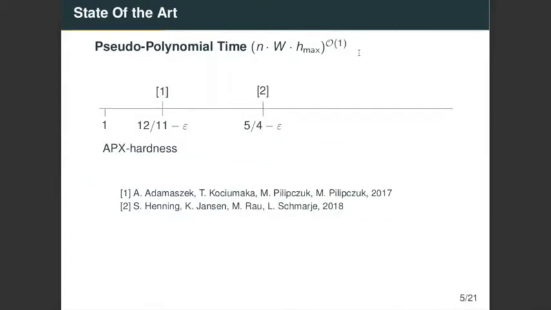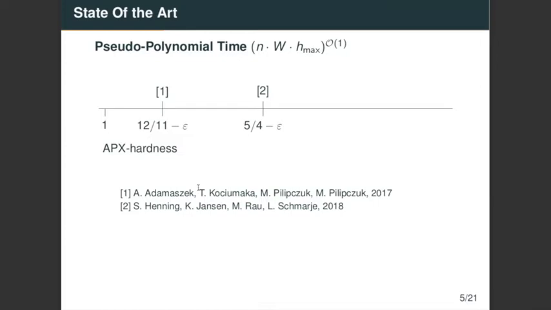In terms of pseudo-polynomial time approximation algorithms, the situation is slightly different and the case is almost closed. Note that by pseudo-polynomial time algorithms, we consider algorithms that have running time polynomial in n, W, and h_max, where h_max is the maximum height of the items. In terms of hardness, there are two results. The first one is a 12/11 minus epsilon APX hardness result by Adamaszek et al.